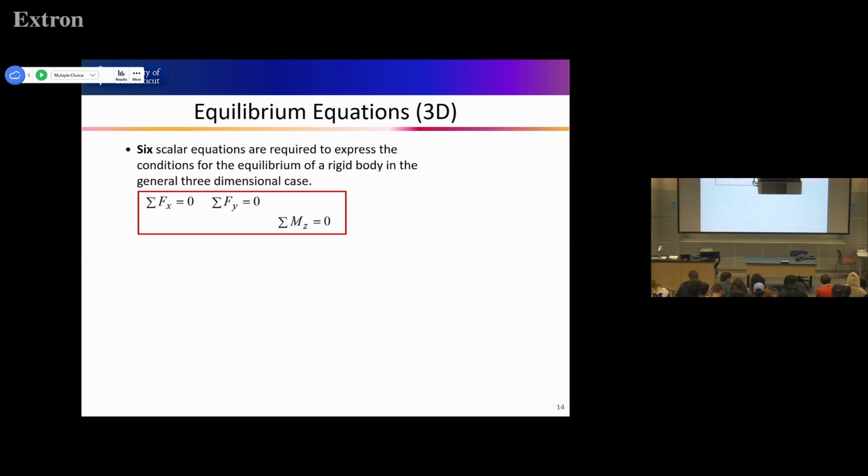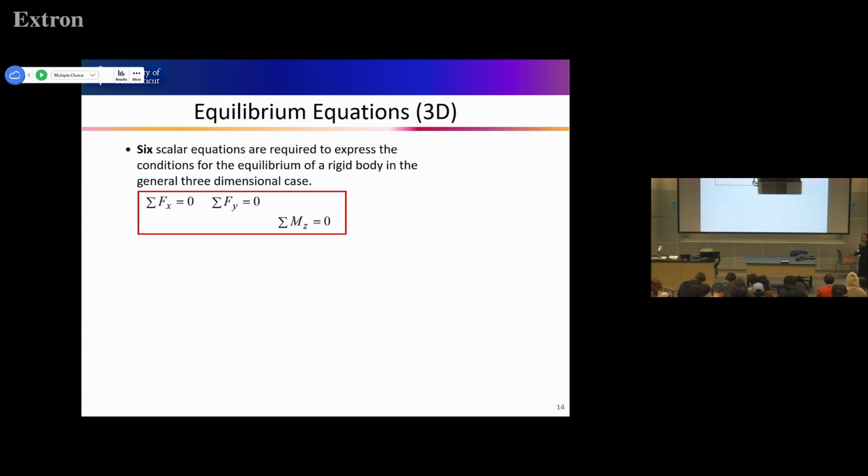And these are the 2D equilibrium equations: sum of Fx, sum of Fy, and the moment in 2D, either counterclockwise or clockwise. That means the rotation is about the z-axis, so the 2D moment equilibrium equation is the Mz equation.